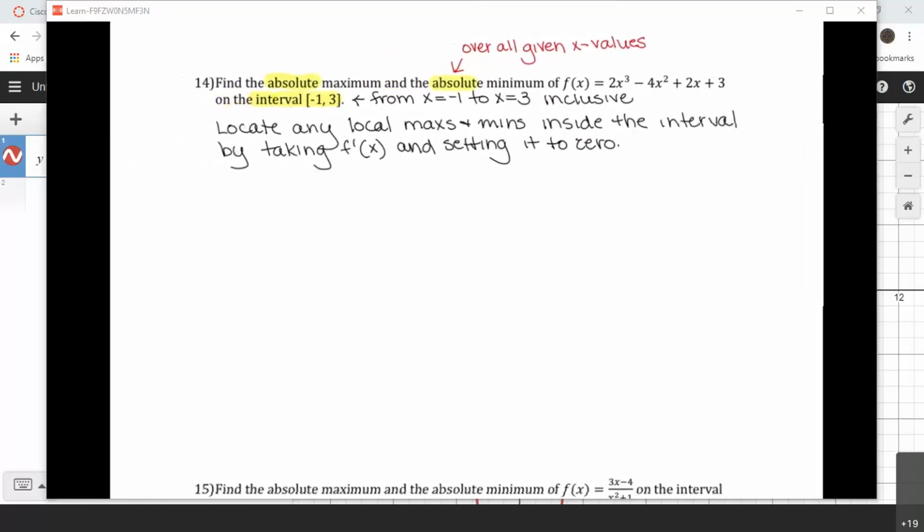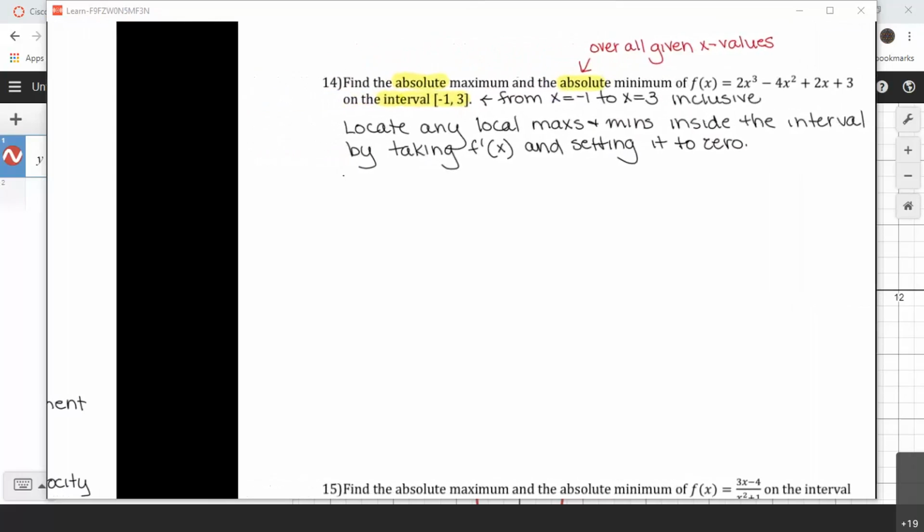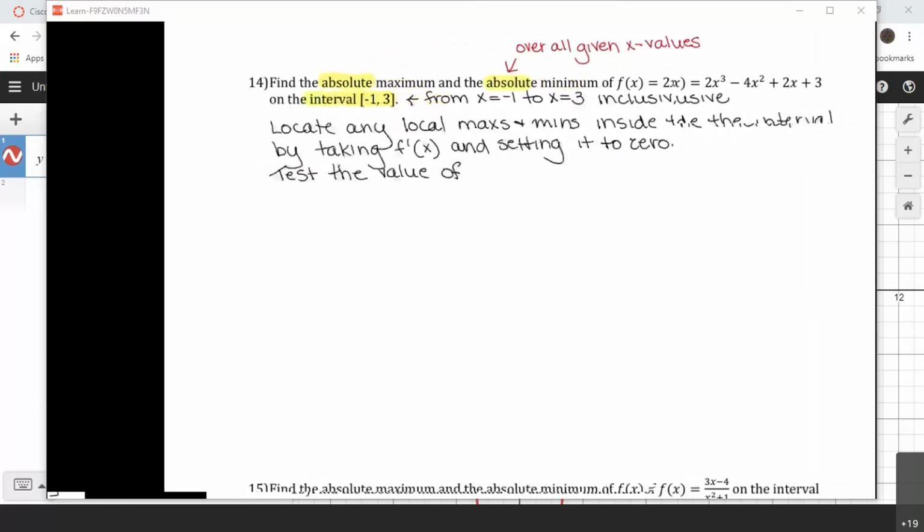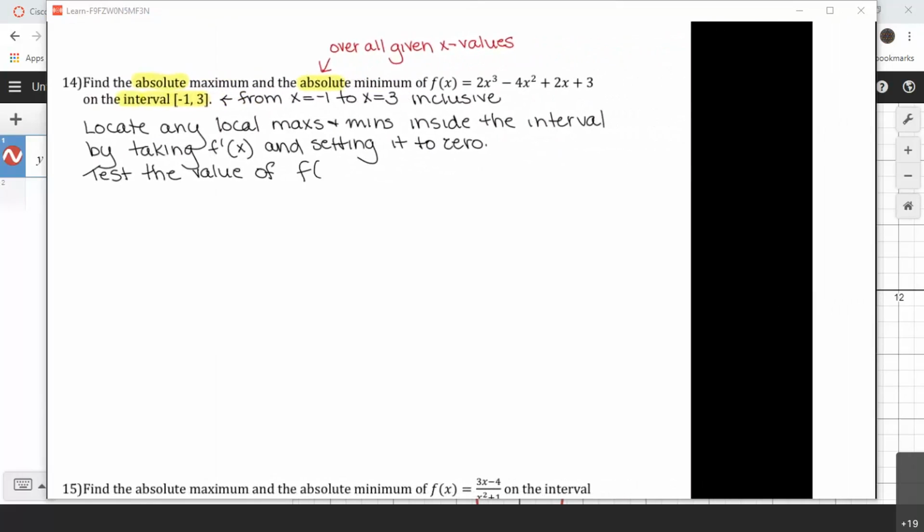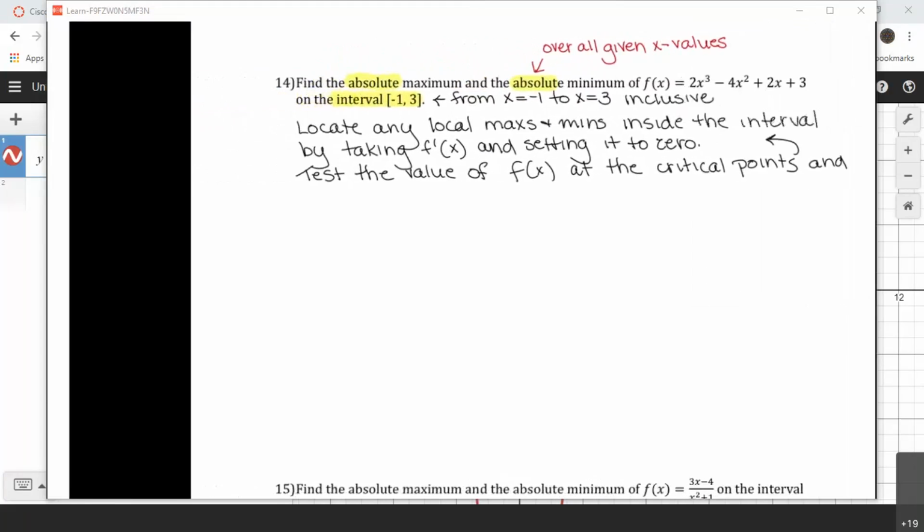And then what you have to do is test the value of f of x at the critical points, so that's these, and at the endpoints of the interval.